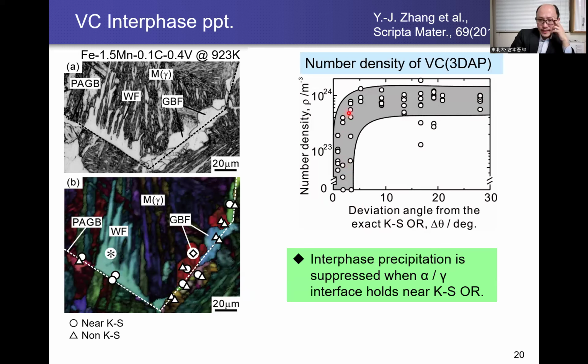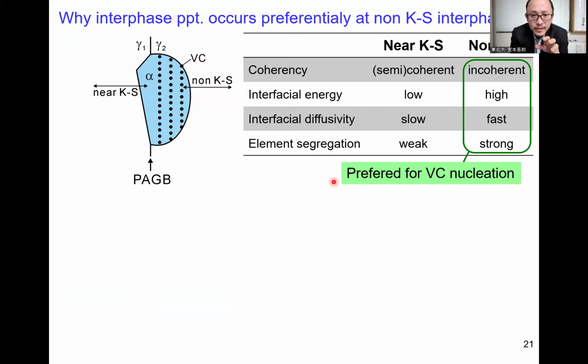So as we see, the vanadium carbide density is quite low at the near K-S interface. So the situation is quite similar to the grain boundary ferrite formation in pearlitic structure. So the understanding is similar. At the non-K-S interface, we have a high density of vanadium carbide interface precipitation.